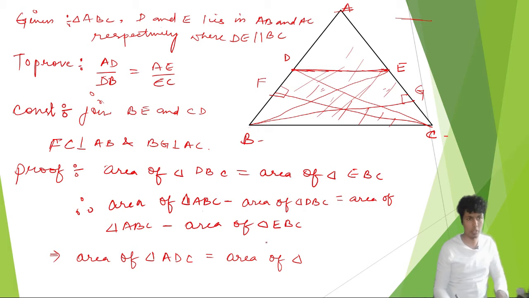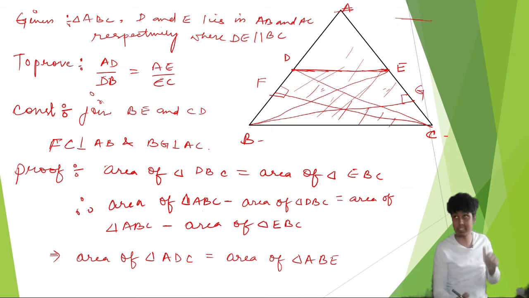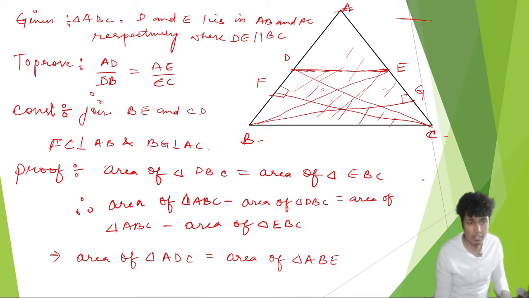So let us write down ABE. So these two triangles are equal. Let us call this equation number 1, and the second one equation number 2.